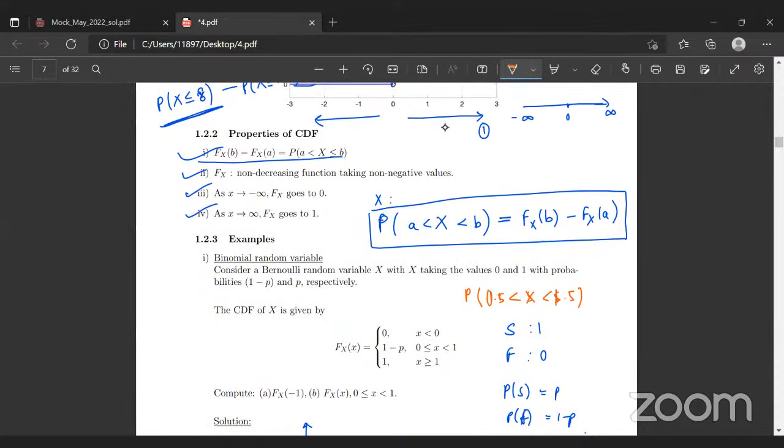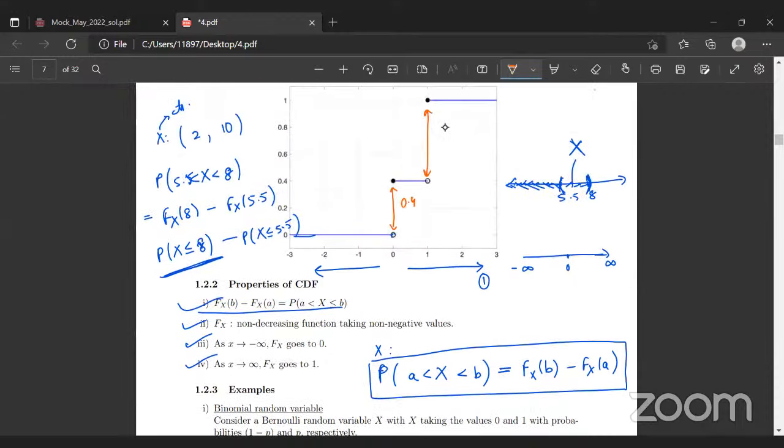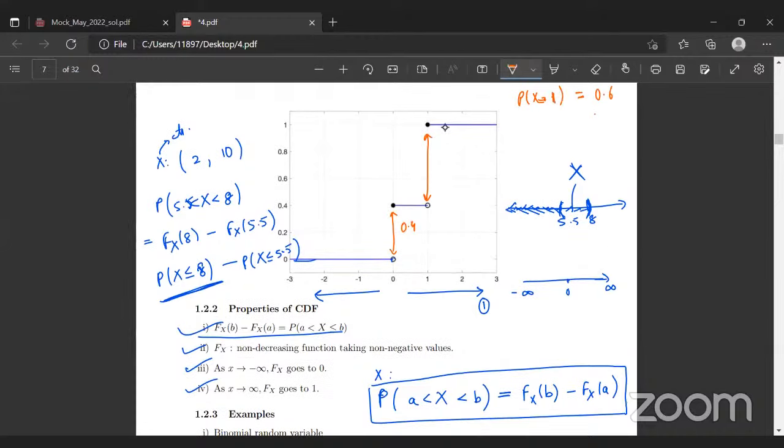See, as here in the graph, can you just scroll up? Here. Okay. So at x equal to 0, it will have a jump of 0.4. So we can say the probability is 0.4 here, and at 1, it attains the value of 1. So if we are asked, what is the probability between 0.5 to 1.5? So x takes 2 values in this case.